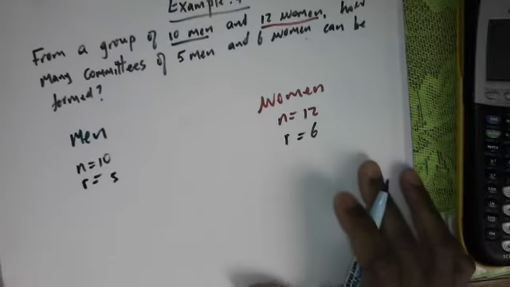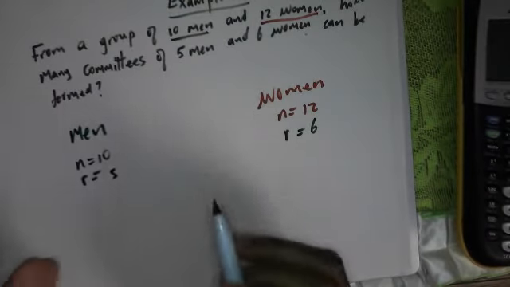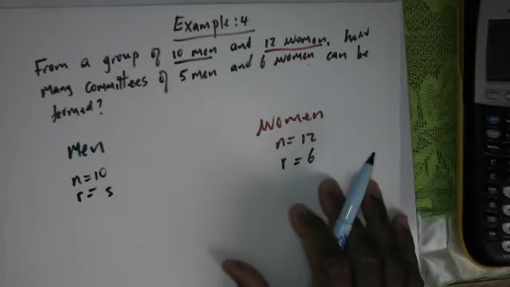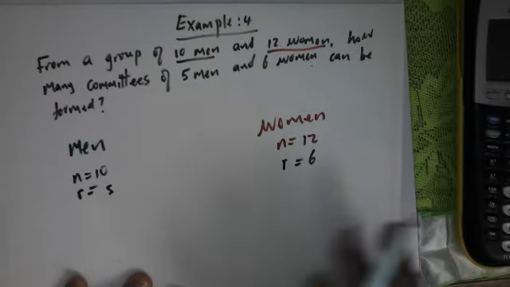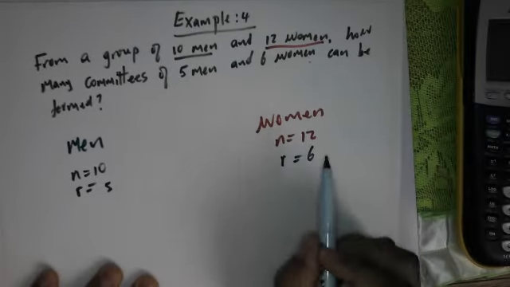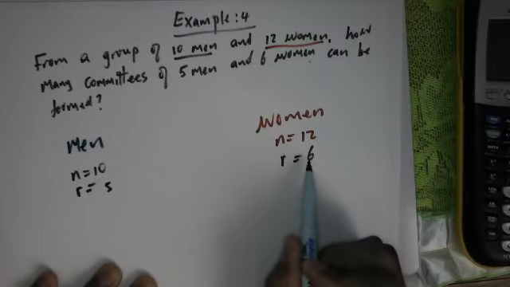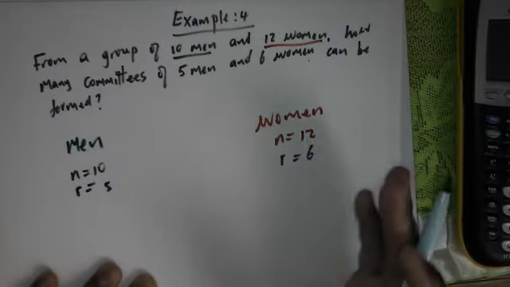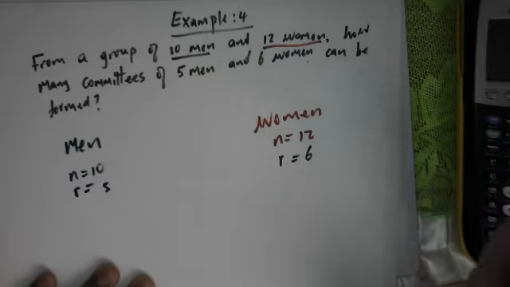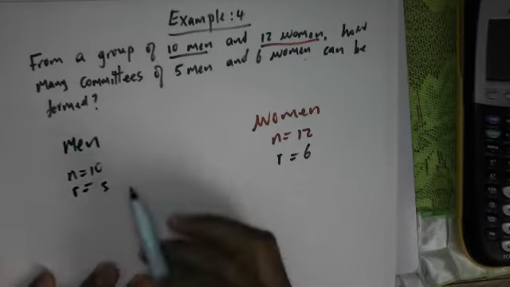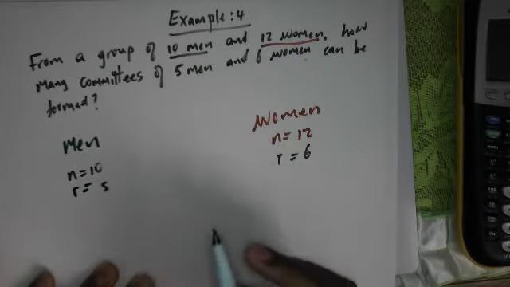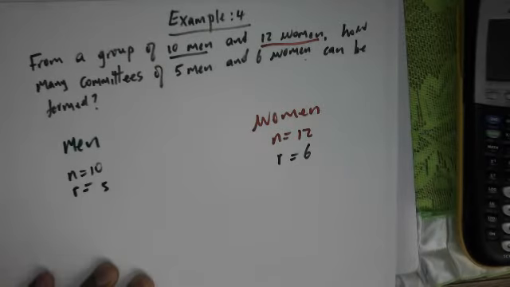Now, this is a combination question. Why? It doesn't matter if you seat all 6 women first and then the 5 men, or all 5 men first and then the 6 women, or if you alternate, a man and then a woman and then a man and then a woman. It doesn't matter once you seat all of them, and because it doesn't matter, it's a combination.